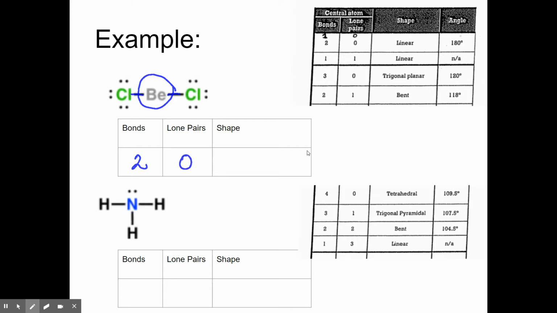This is a cutout of the chart, so we find two bonds and 0 lone pairs, and it tells us the shape is linear, the bond angle is 180 degrees. I'm going to go ahead and write linear, 180 in the box.